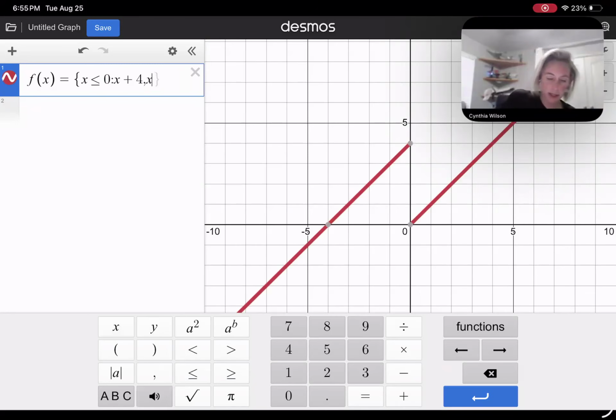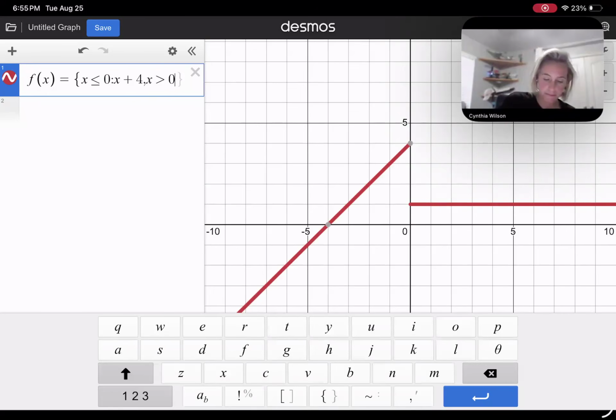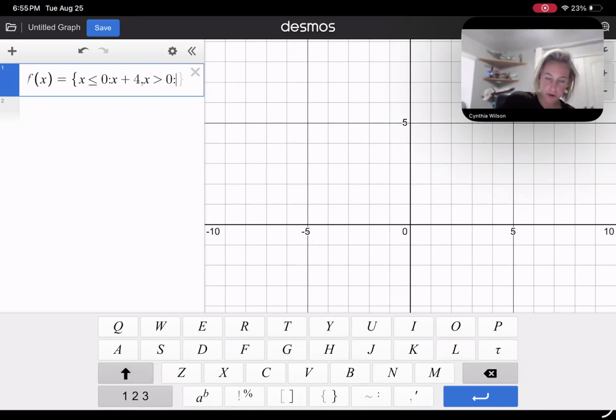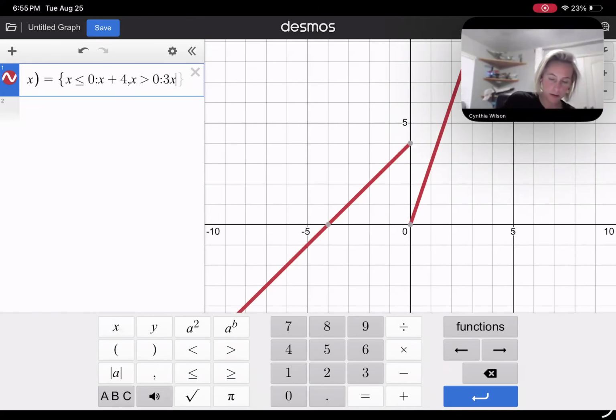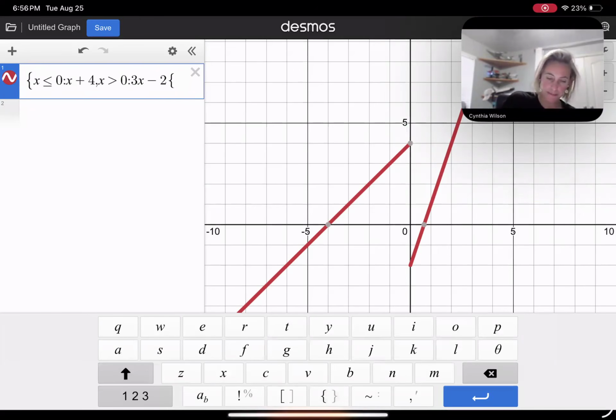Next one says x is greater than 0, colon, 3x minus 2. And then end your brace. Nope, close that.